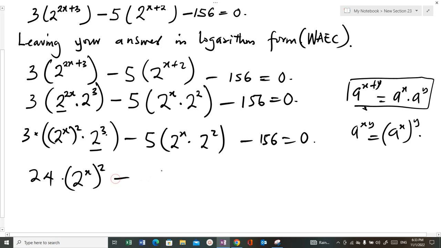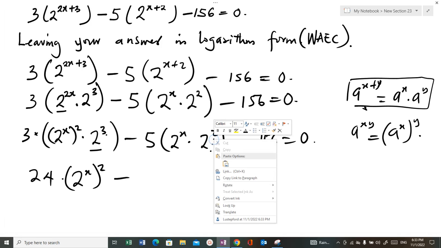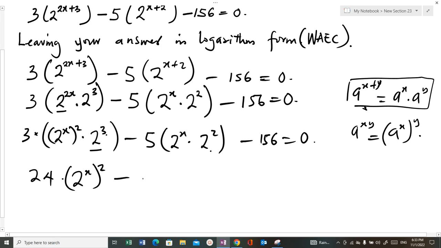Now minus 2 to the power of 2 is the same thing as 4. 4 times 5 is 20. So you have 20 times 2 to the power of x minus 156 is equal to 0.